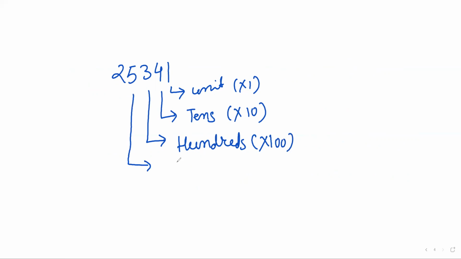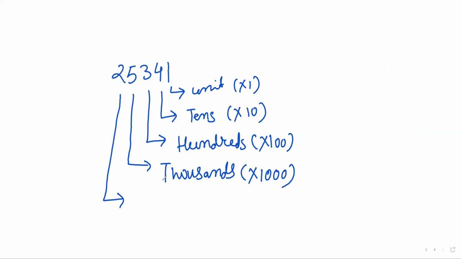This 5 is placed at 1000 place, so multiply it by 1000. Now this 2 is placed at 10,000 place, so multiply it by 10,000.